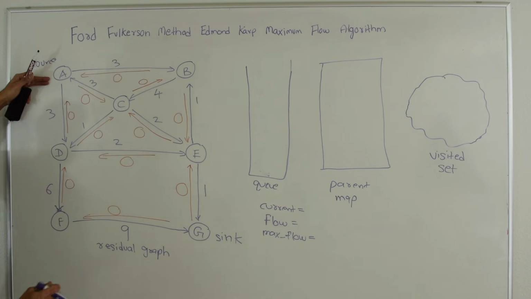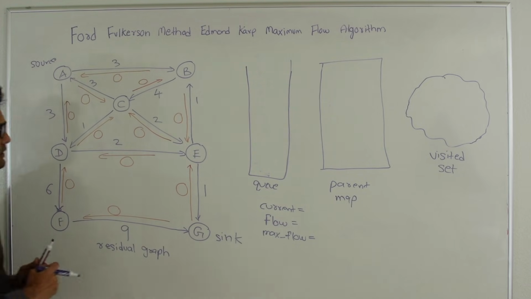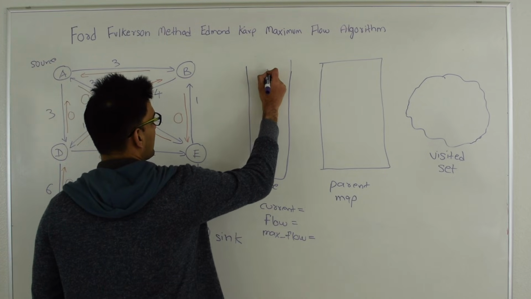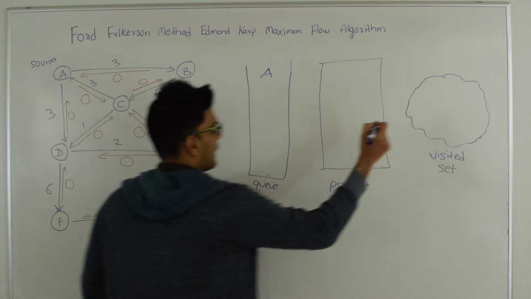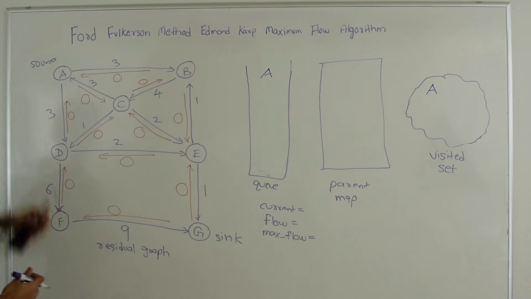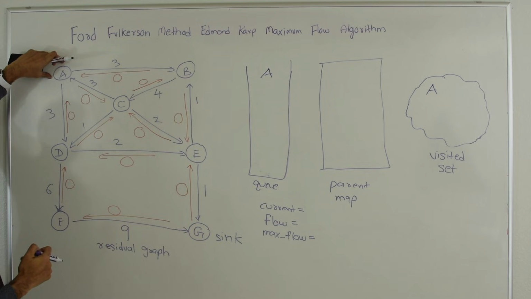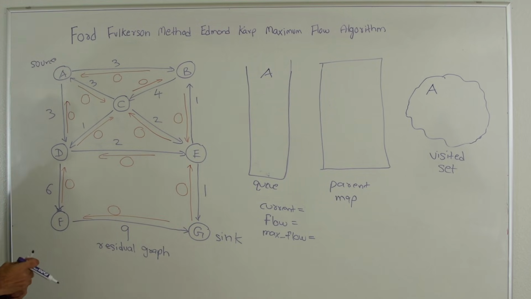So starting from A, let's find an augmenting path to G using BFS. So first thing we do is we add A to our Q and to the visited set, saying that A is visited. Now looking at A, let's find all the neighbors of A and see which ones have residual capacity greater than 0.